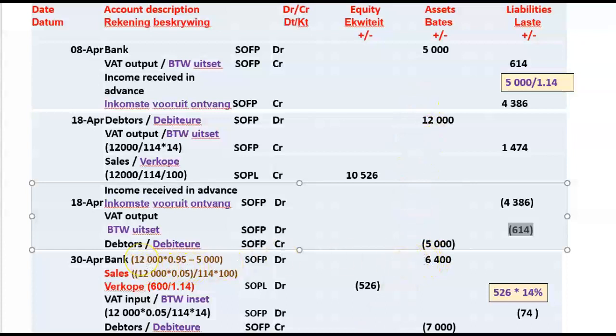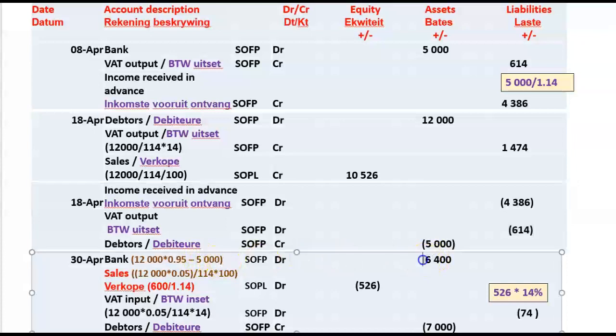So 12,000, the invoice price times 95%, that is the amount that needs to be settled. They've already paid 5,000 rand, so now they're going to repay the remainder, 6,400 rand.